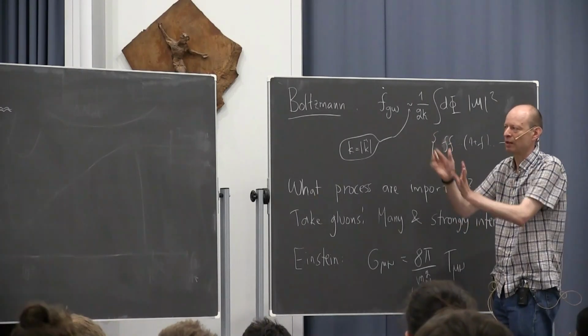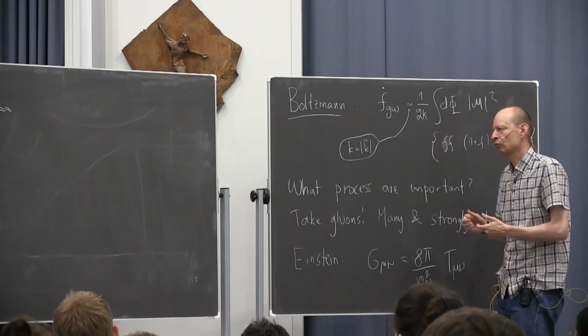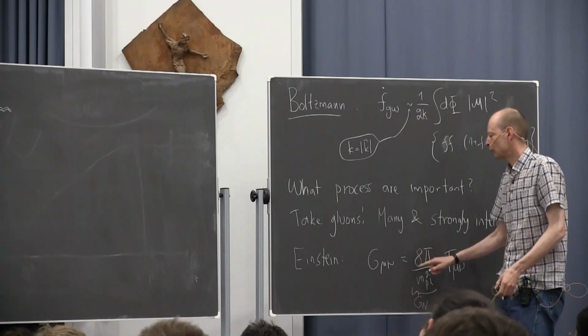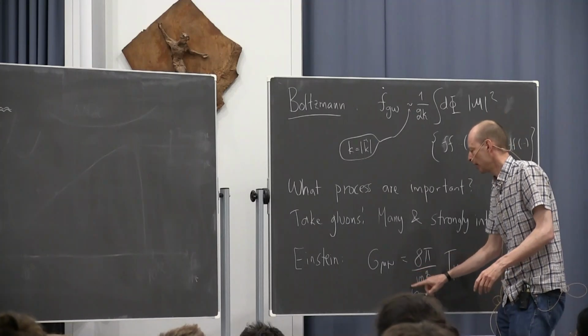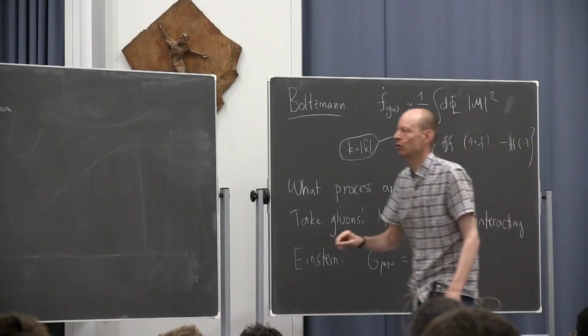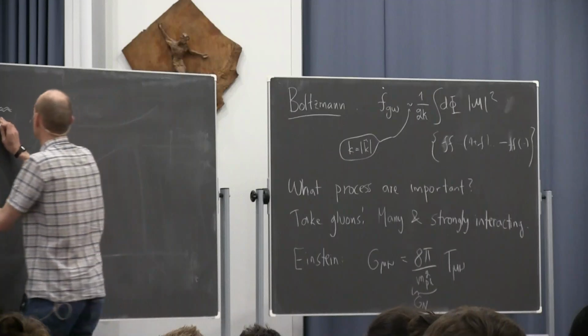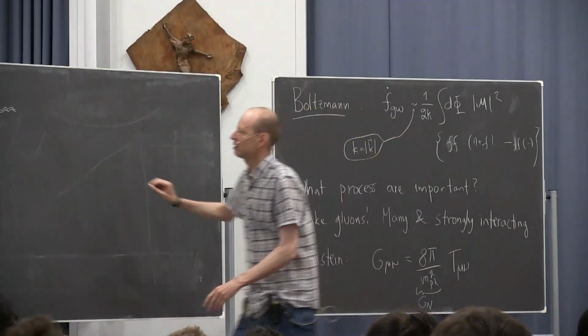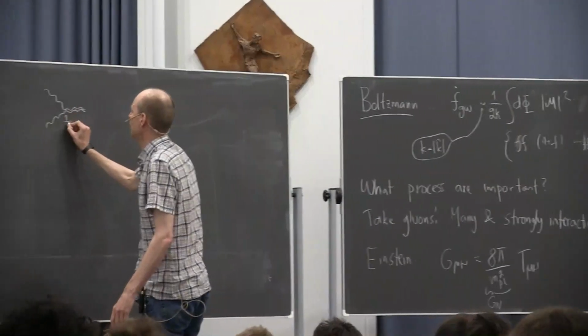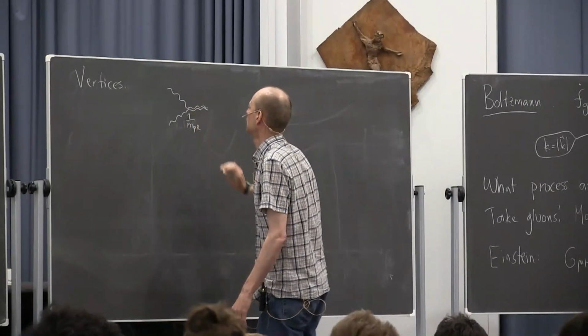Otherwise, we cannot do normal Feynman rules. We have to normalize them correctly. And so if one does that normalization in the right way, then it turns out that what appears in this vertex is the square root of the Newton's constant. So I'll just write 1 over Planck mass here in the vertex.